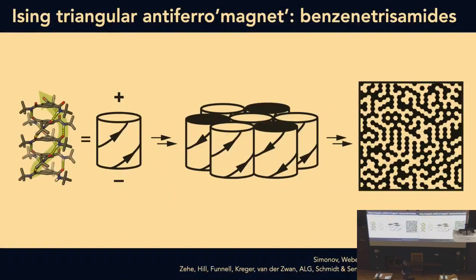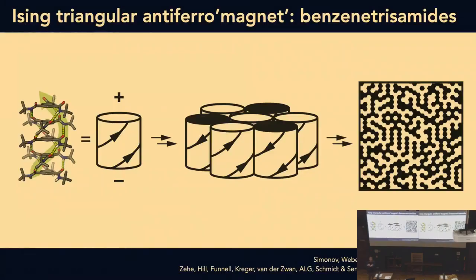Okay. So let me give you a concrete chemical example of doing exactly this. This is a system known as a benzene trisamide. I'll show you some experimental data for this in just a moment. Chemically, these are basically planar molecules, and like most planar molecules, they stack on top of each other to form a column.